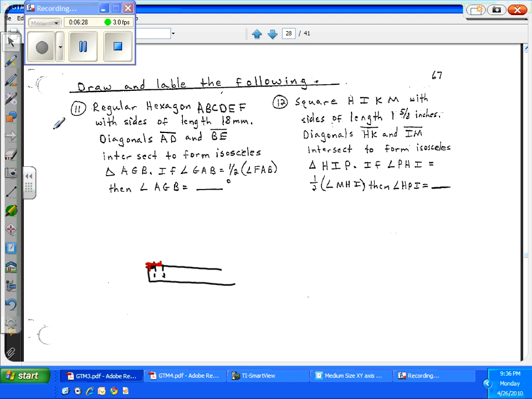Now what we would have to do is use our interior angle of a polygon formula, the number of sides, 6, minus 2, times 180, divided by the number of sides, 6. And you would have to get each angle and lay your protractor there to get your angles measured out. And then you'd have to take your ruler again and measure the sides correctly. And then lay your protractor out and get your angle right.